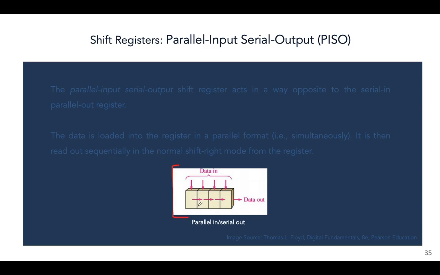Again, a very simple illustration of a shift register. We have 4 flip-flops. The inputs are simultaneously opened so that the data can enter the register at the same time, all the 4 bits at the same time. And then data is read out and shifting is involved.